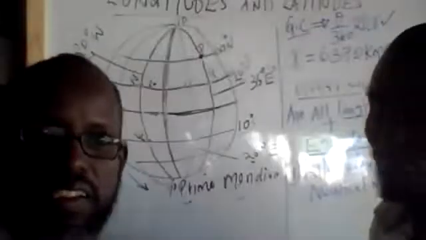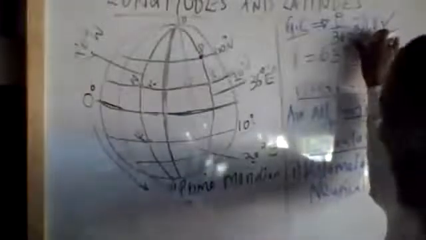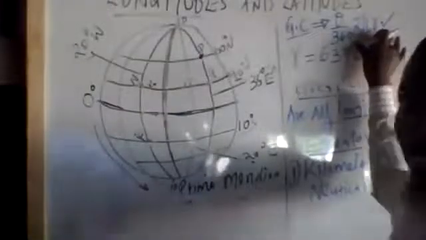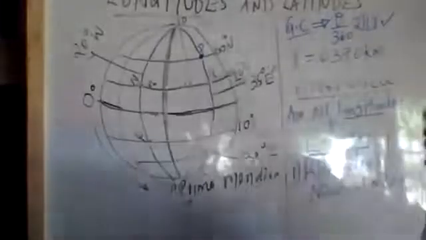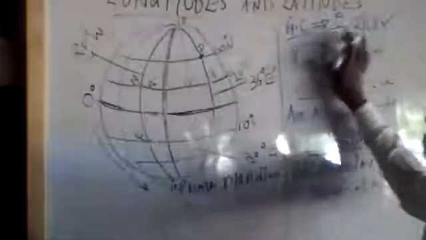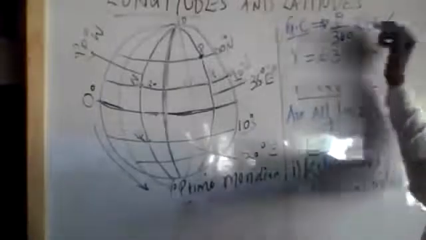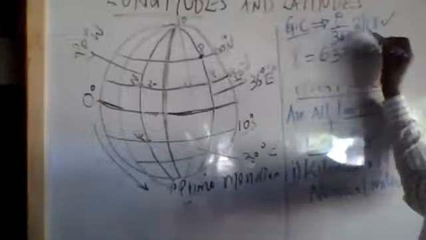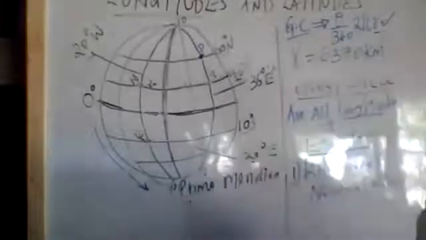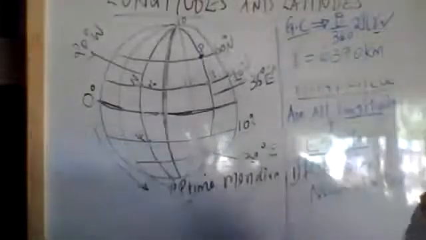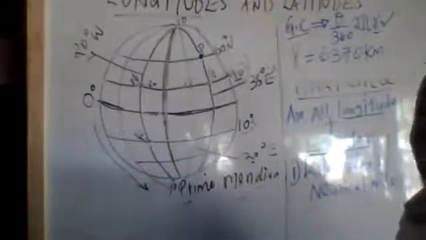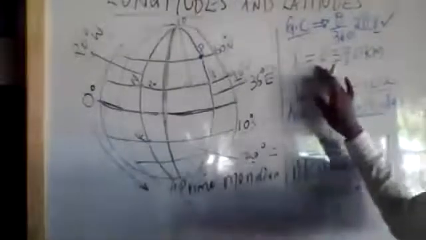I have given you a formula for calculating all values found in great circles. The formula is theta over 360 times 2 times pi times r, where r is the radius of the earth.